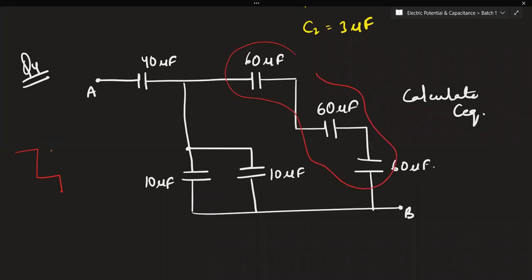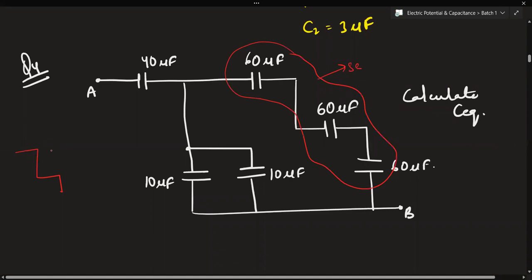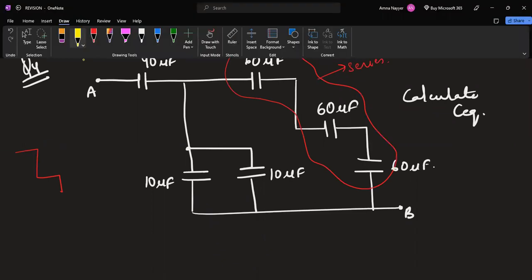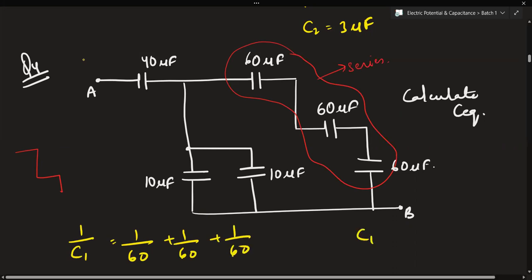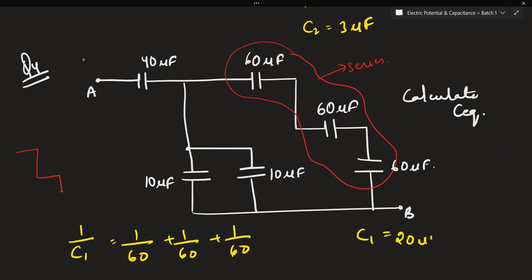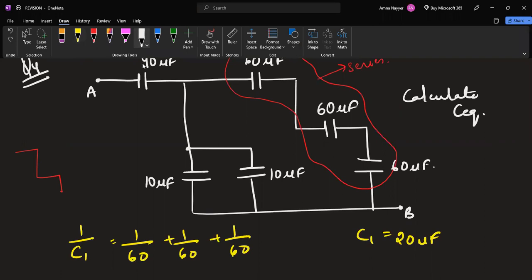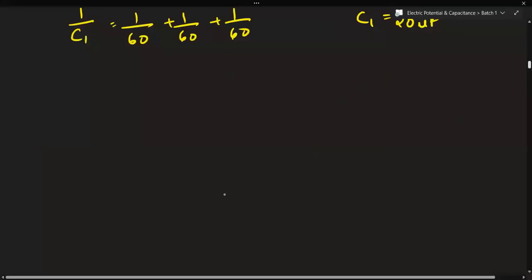So all these three are connected in series. So 1 by C1, let's say it will be 1 by 60 plus 1 by 60 plus 1 by 60. Or in better manner, we can simply divide 60 by 3. So you will get 20 microfarad. If this entire apparatus is 20 microfarad, now see how your system will reduce.